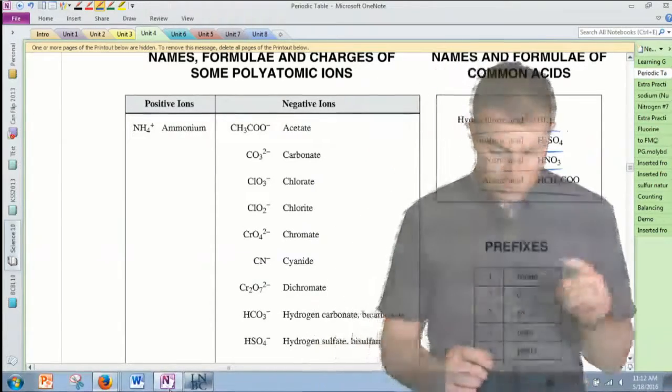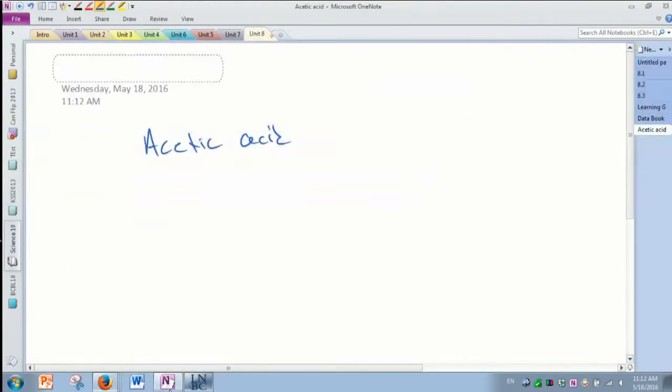You should know the basic hydrocarbons. So you should know what methane is. CH4. You should know what table salt is, or just NaCl.